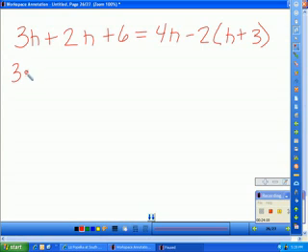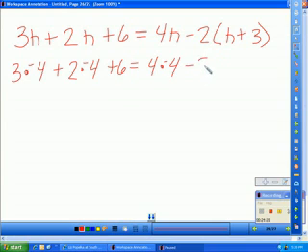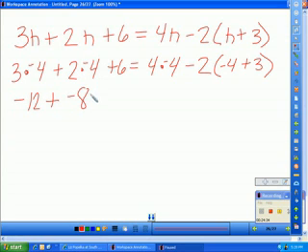So 3 times negative 4 plus 2 times negative 4. 4 times negative 4. All I've done is gone in and put a negative 4 in the place of every h. So 3 times negative 4, 2 times negative 4, 4 times negative 4 is negative 16.